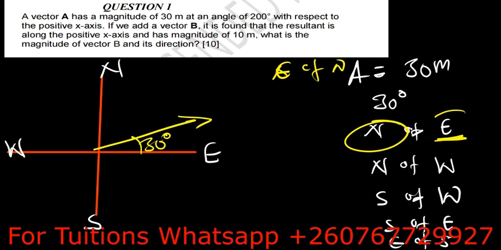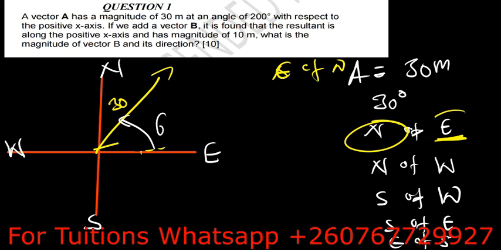Anyone? The angle is near what? Near north. Exactly. So the angle is near north than east, meaning that angle 30 degrees is here. And for you to resolve this vector, remember you have to get the angle from this line. So it has to be 90 minus 30, which is going to be 60.